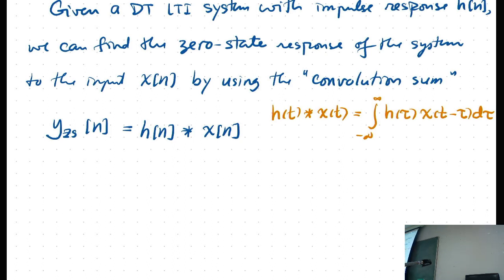But here, when we perform convolution sum, we are going to change the integral notation to summation notation. We're going to drop this d tau because for integers this doesn't make sense anymore, and we're going to change tau to something else, and change t to n. Notice the similarity here.